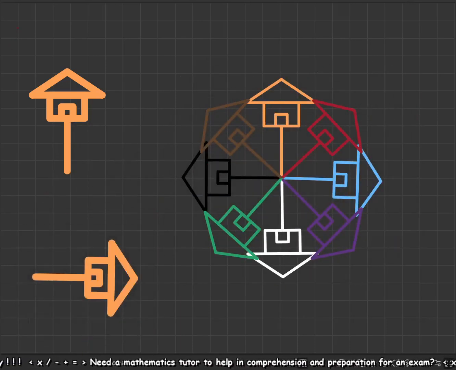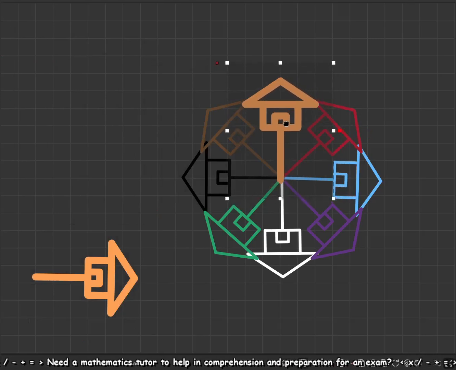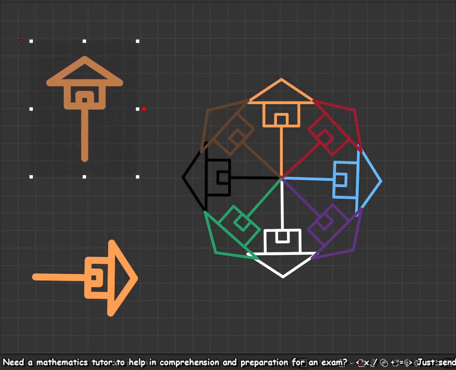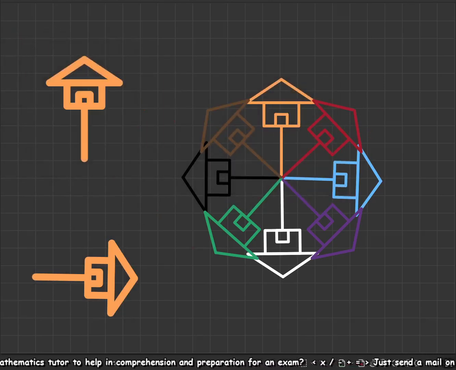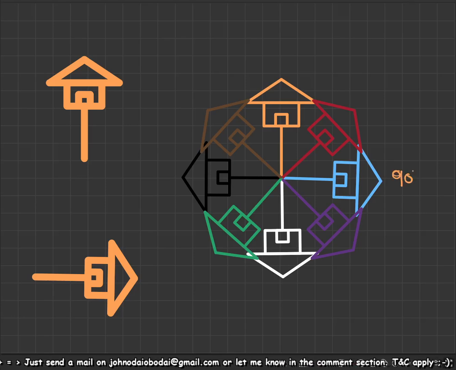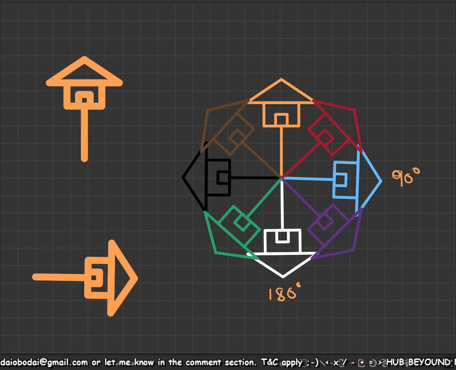I have rotated this figure over several angles. So this here is going to be my 90 degrees. Let me write that out. This here is a 90-degree rotation, and this white one is a 180-degree rotation.